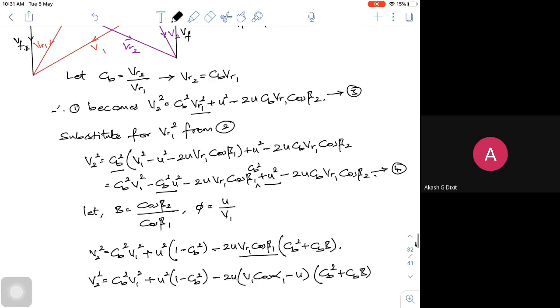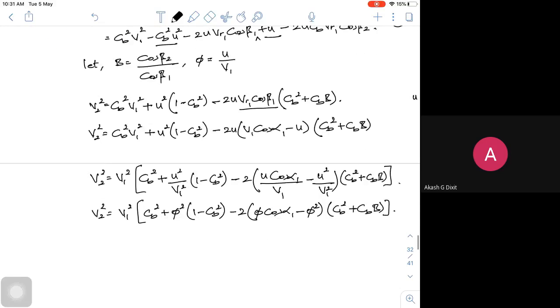I have taken this as equation 4. I can call this as expression 5. So V2 square is the exit velocity of the blade.